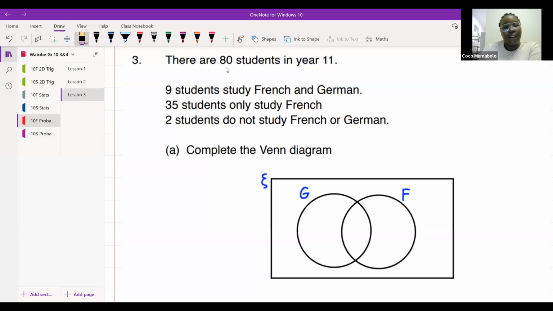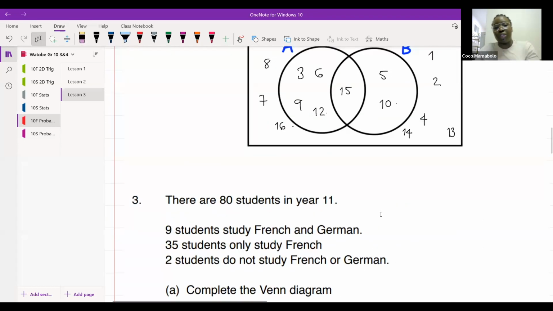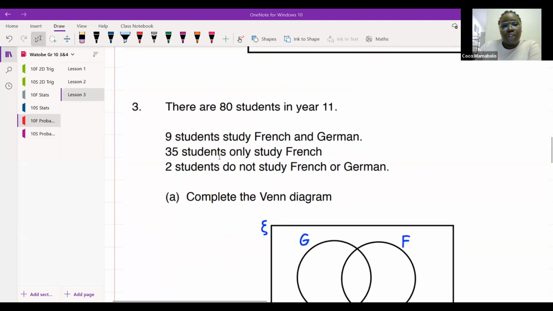But in the case of this one, because we're using the actual physical numbers, we can get more than one. Beautiful question, by the way. Because our sample set has been given to us with numbers, we use the numbers. But in this case, they're just giving us a total, so we're just going to write the total as a whole.